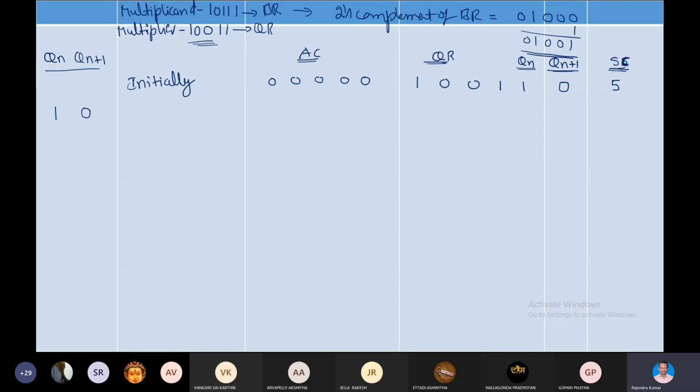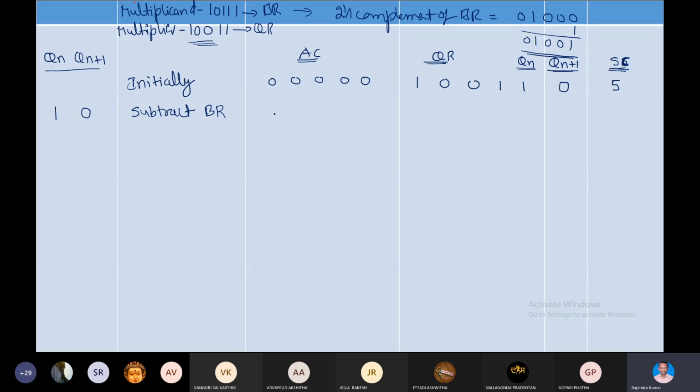Now what operation do I have to perform? Subtract. Yes, we will perform the subtract operation. Subtract BR from accumulator, that means accumulator minus BR, that means accumulator plus 2's complement of BR.